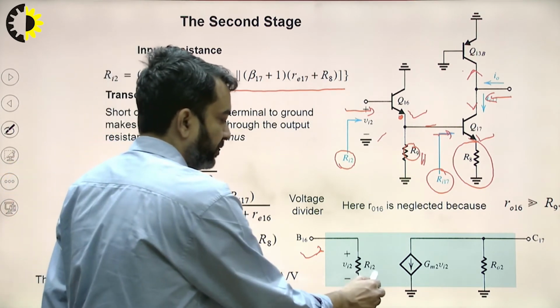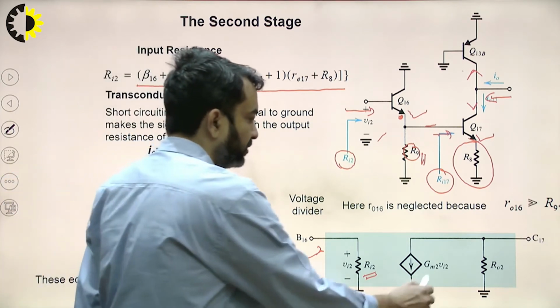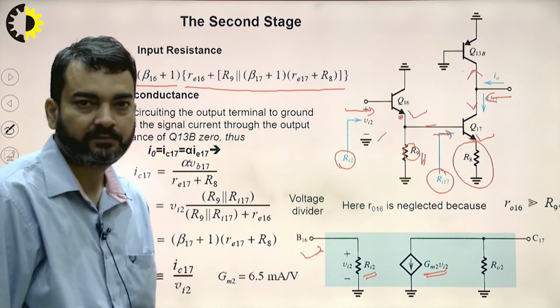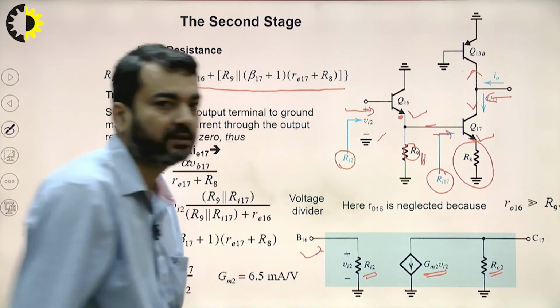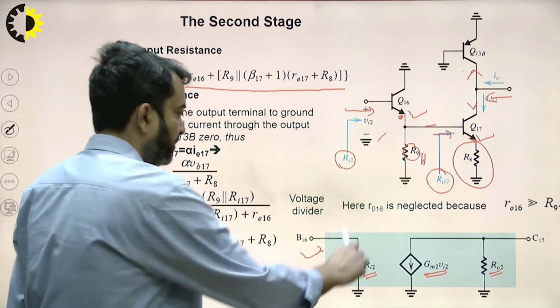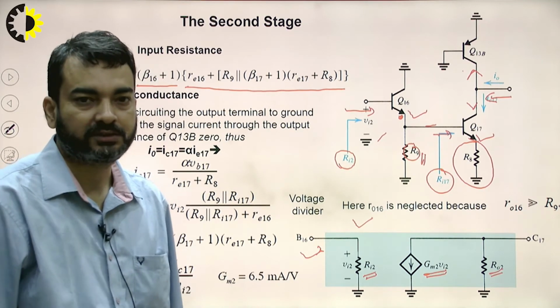This is the input impedance Ri2, a dependent voltage source of value GM2 Vi2, and then the output resistance of the gain stage or second stage. So we will be using these models for the overall gain calculation.